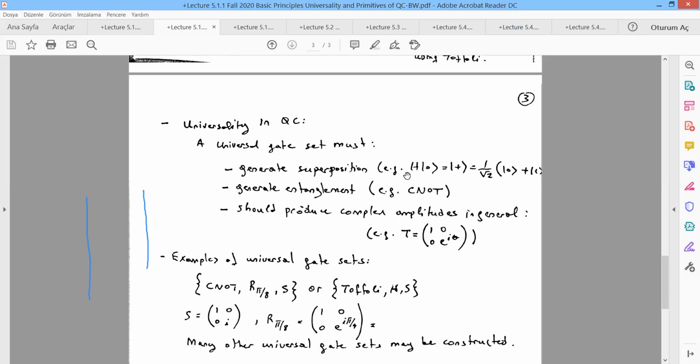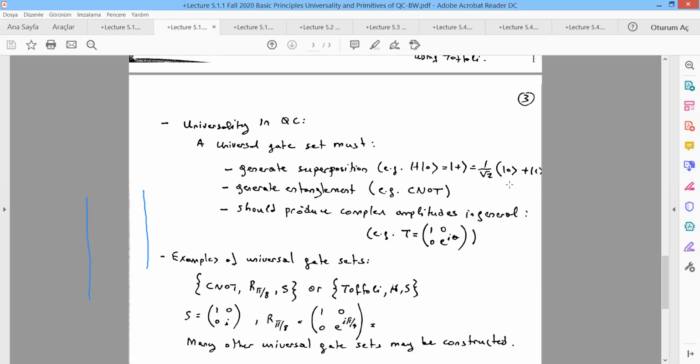For instance, a Hadamard gate, from a ket 0 state, can generate a state that is in superposition of ket 0 and ket 1. So this kind of functionality must be included. Another property is that it needs to be able to generate entanglement. As we have seen in the previous classes, using a Hadamard gate and a CNOT gate, we are able to generate entanglement.